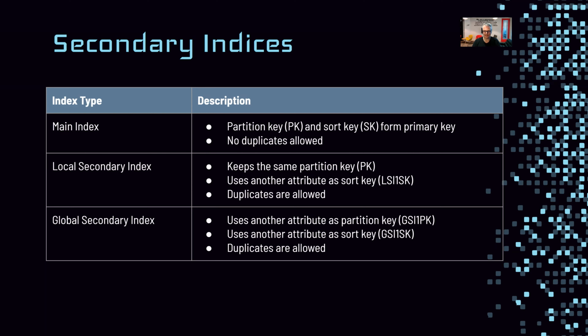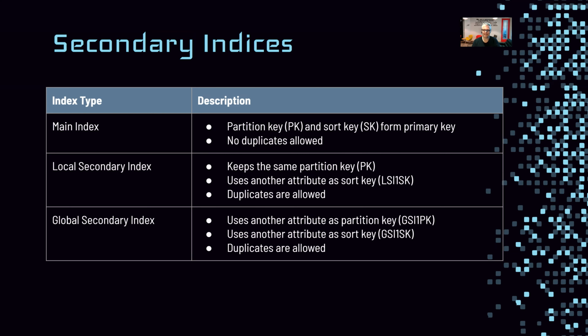The local secondary index is very similar to your main index, but it allows you to pick another attribute in your row as being the sort key. So in case you wanted to do this query operation, you can now do it on a different attribute than maybe you stored it under originally. So it gives you multiple access patterns, but the partition key stays the same for local secondary indices. You can see how the name implies, oh, it's local to the partition.